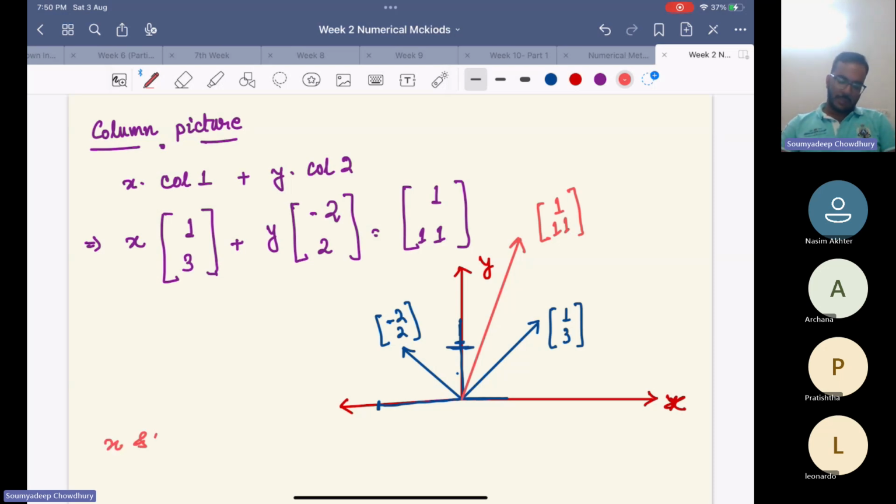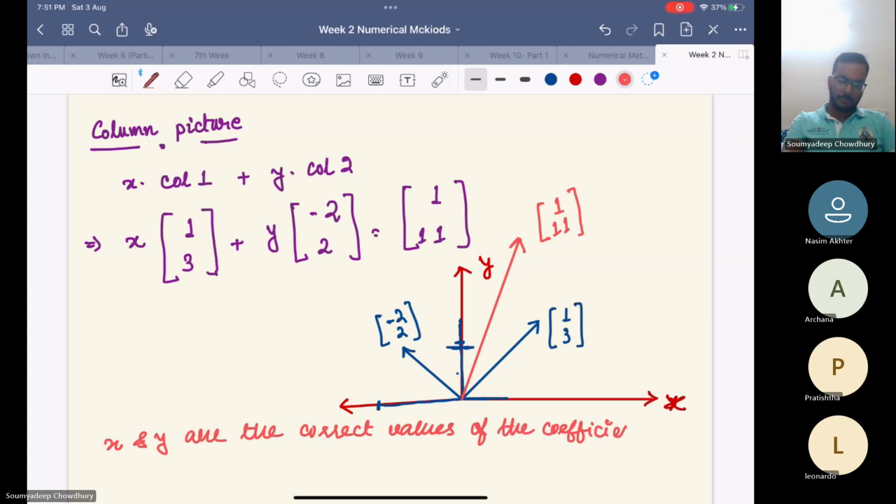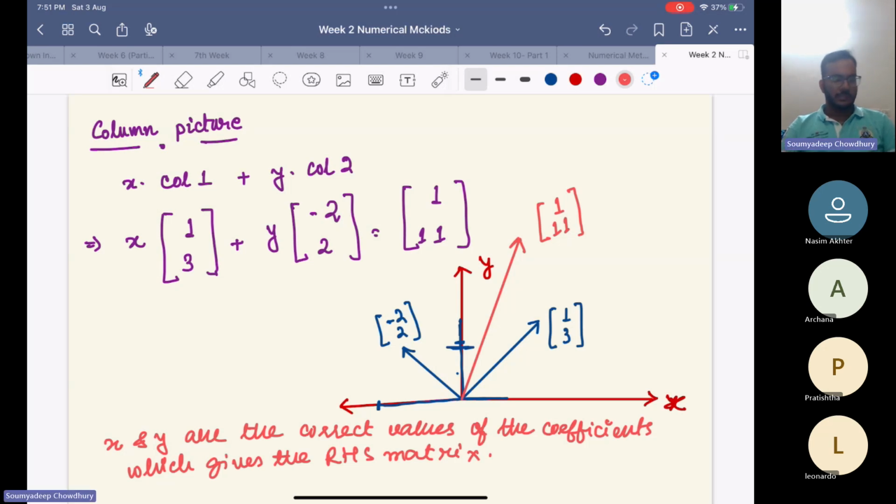So x and y are the correct values of the coefficients which give the RHS matrix. Is it clear? I hope it is clear.